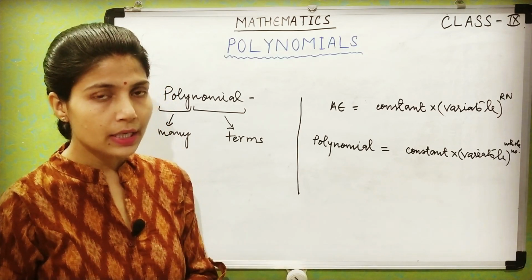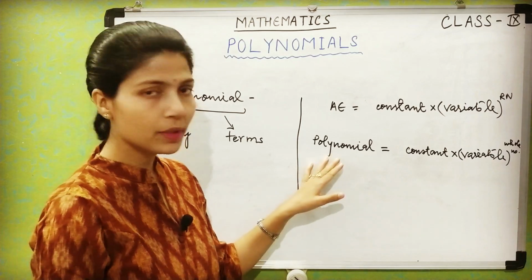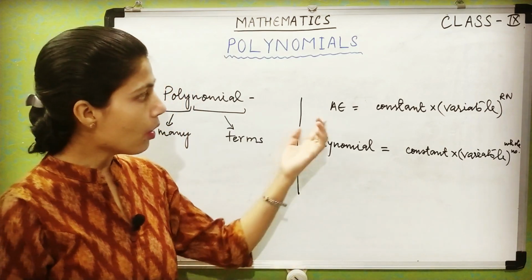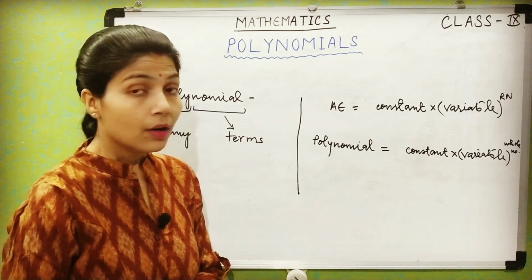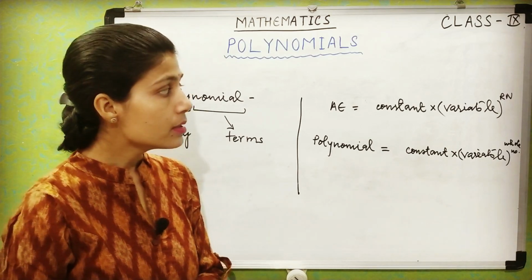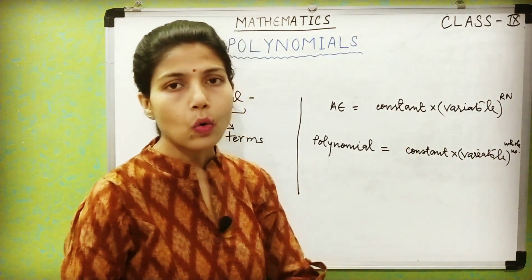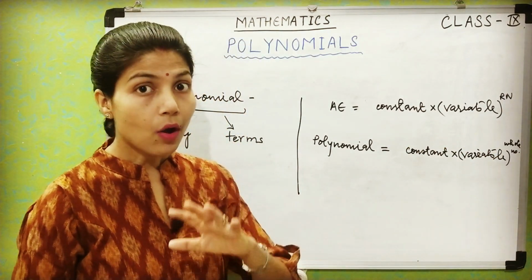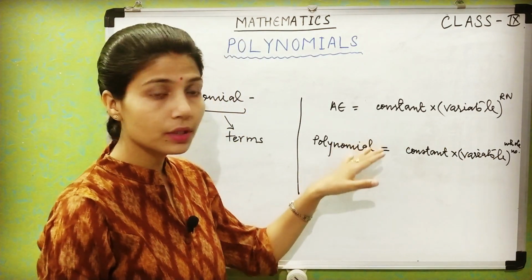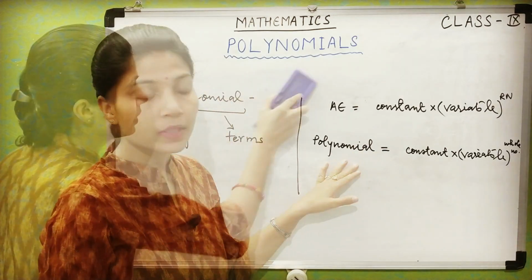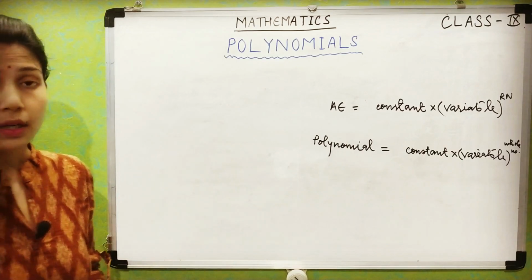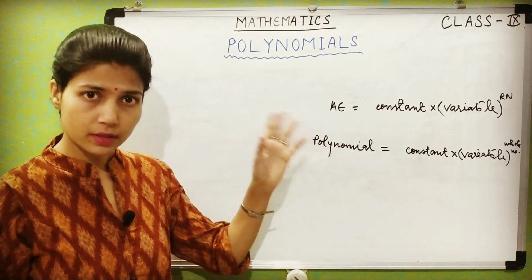Rational numbers. It means polynomials are all algebraic expressions, but all rational numbers cannot be whole numbers. That is why all algebraic expressions cannot be polynomials. Okay, here this is the basic. A formal definition we will discuss later on.